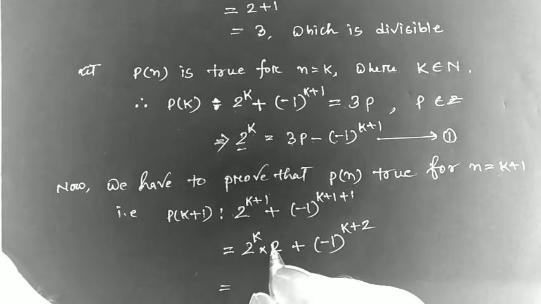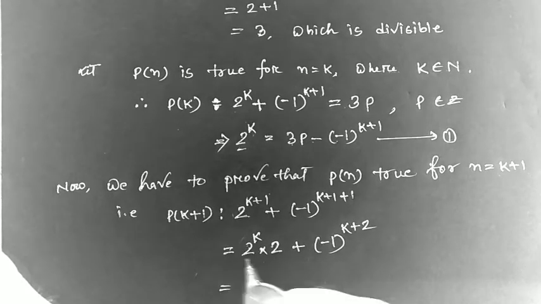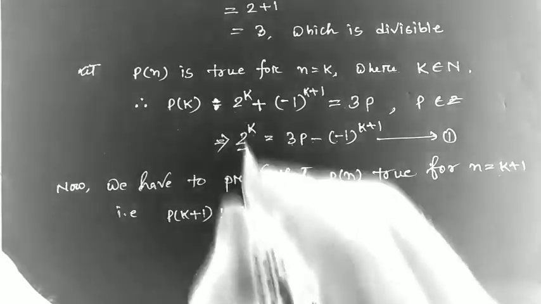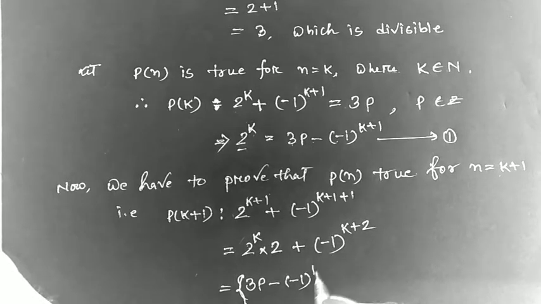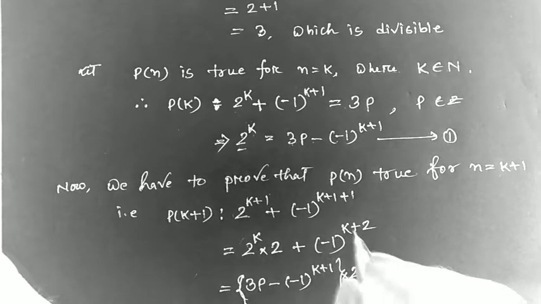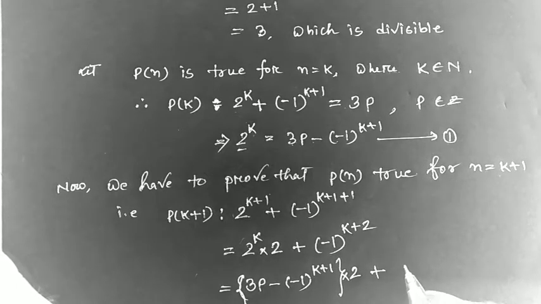So we put the value of 2 to the power k here: 3p minus, we have to give this bracket, minus 1 to the power k plus 1, and these 2 remain the same, and then plus minus 1 to the power k plus 2.